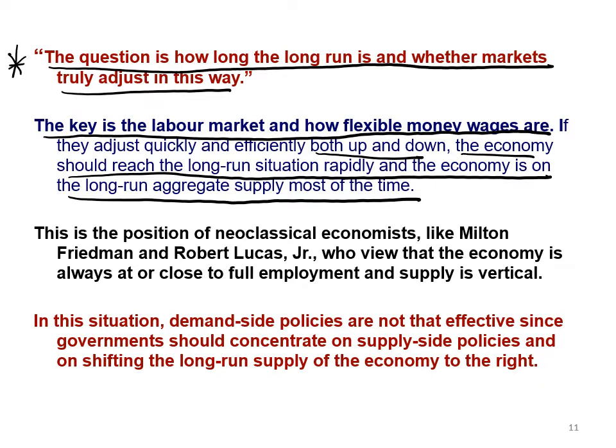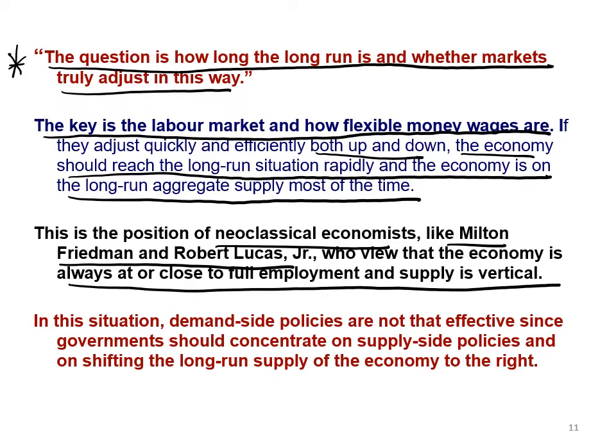A lot of neoclassical economists like Milton Friedman and Robert Lucas Jr. view the economy as always being close to full employment and the supply curve being vertical. So we're almost always already at this long run aggregate supply curve.